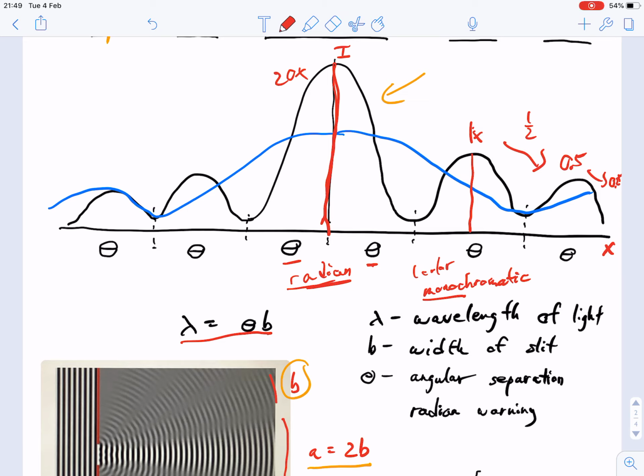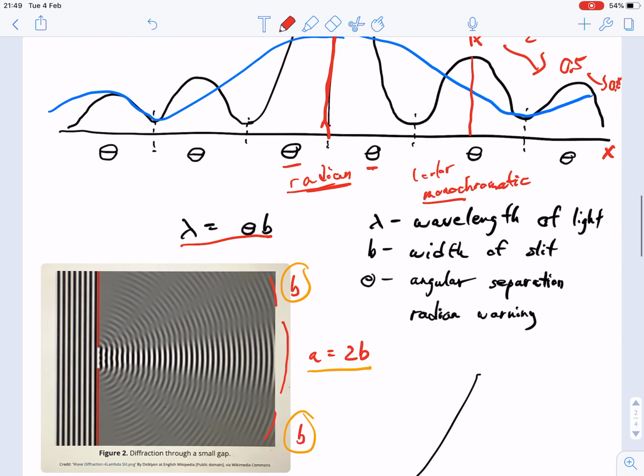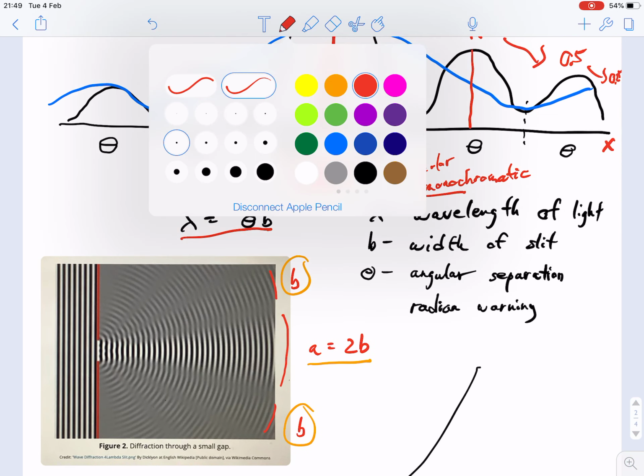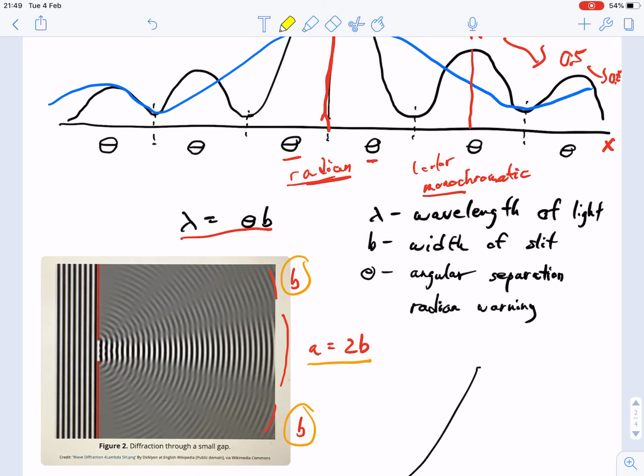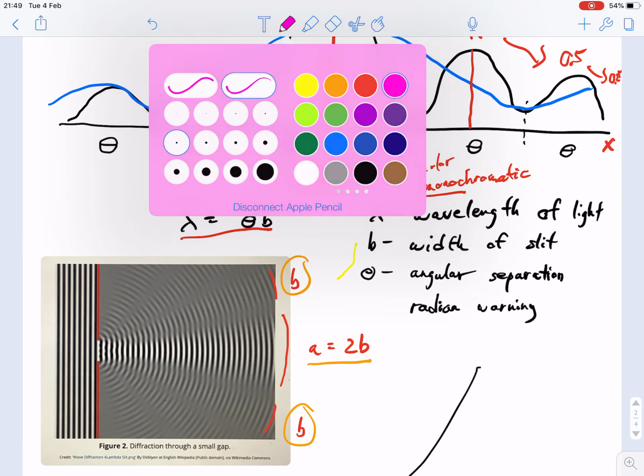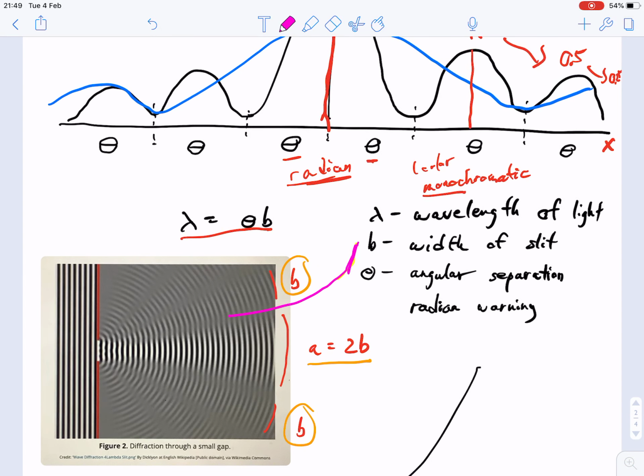The other thing is B is the width of the slit. So let's see if we can get a nice bright color here. B is this middle part right here, the width of that. And then theta, as we just mentioned, is the angle of separation.